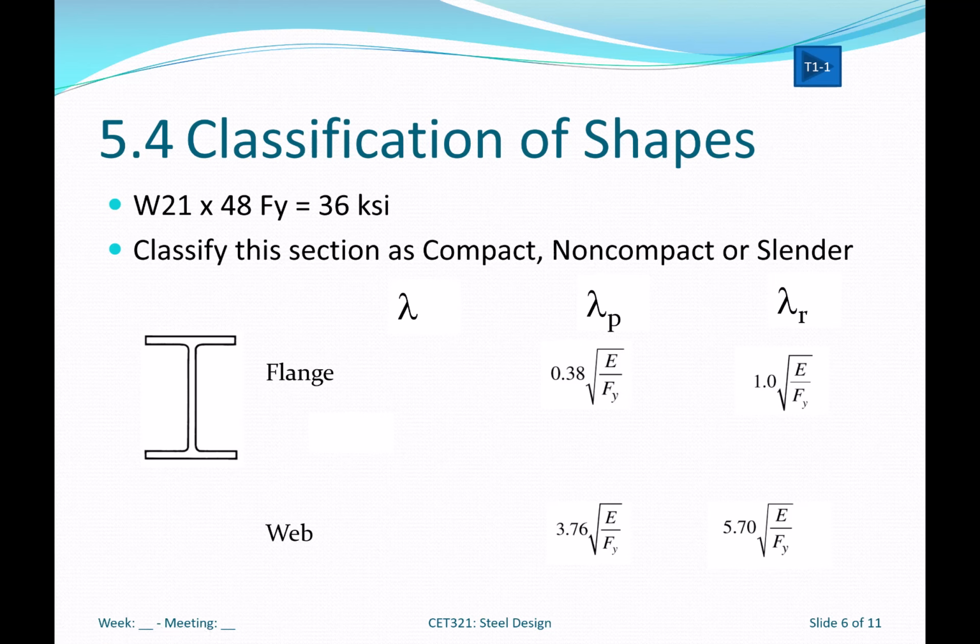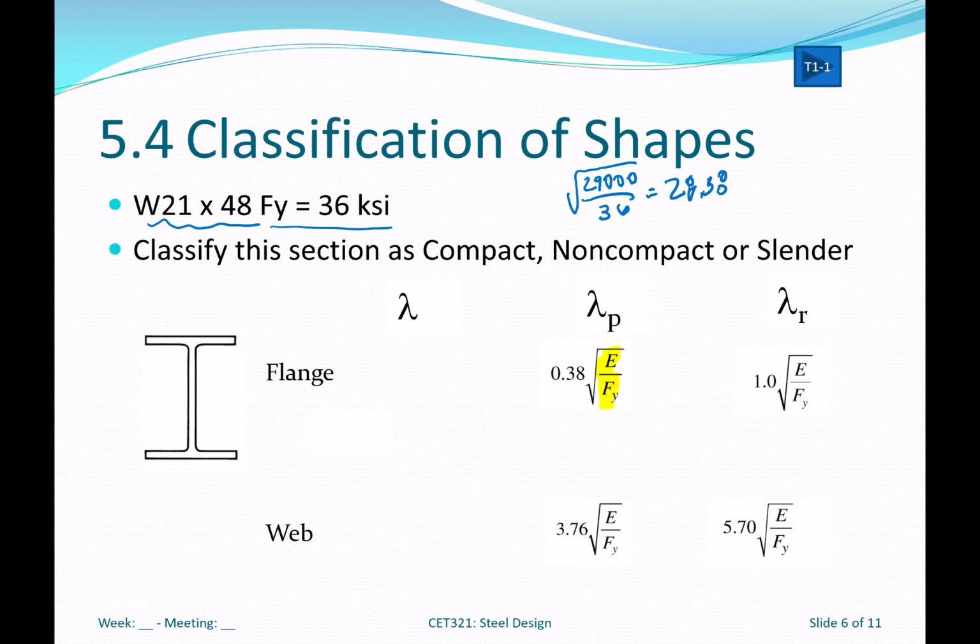We have a W21x48. Fy is 36. This ratio here is constant for all parts of the shape, so I'm just going to calculate that out. 29,000 divided by 36, and that ratio is 28.38.